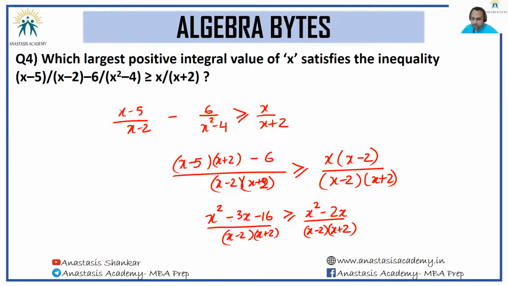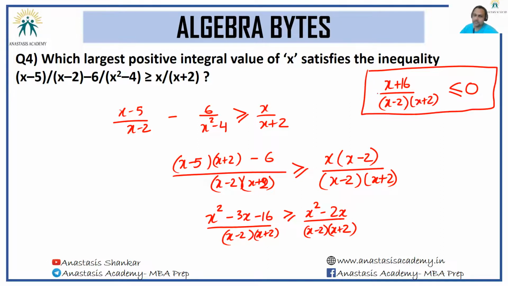So we bring the terms from the right to the left, and we have x plus 16 by x minus 2 x plus 2 has to be less than equal to 0. Okay, we have reached this expression.